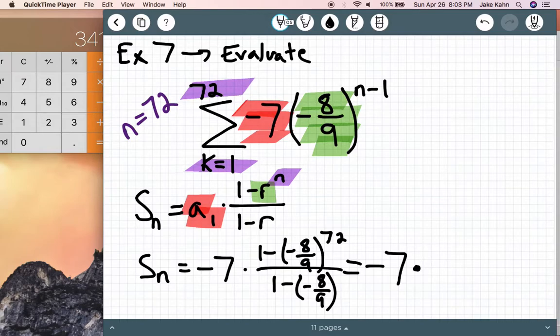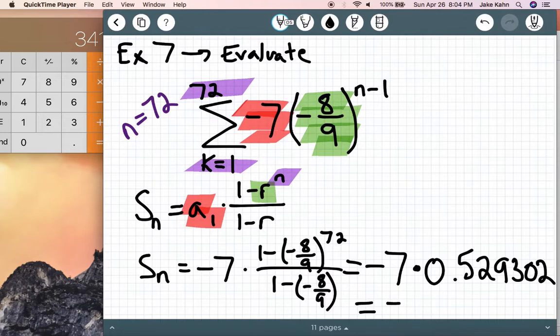And that gives me 0.529302. I'm going to multiply that by that -7, and I'm going to arrive at my final answer. Negative 3.70511 is my final sum for this series.